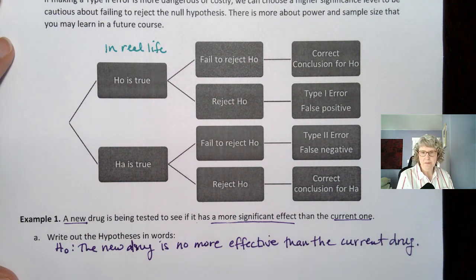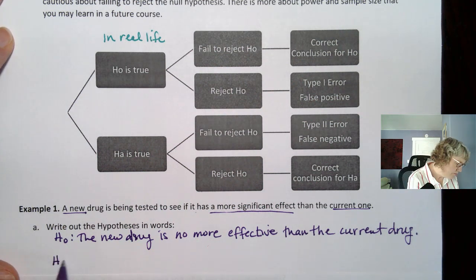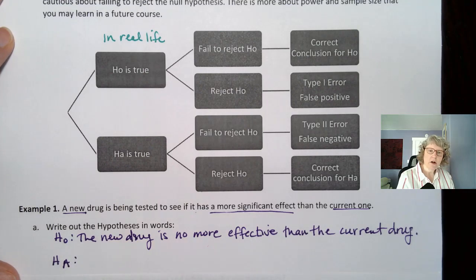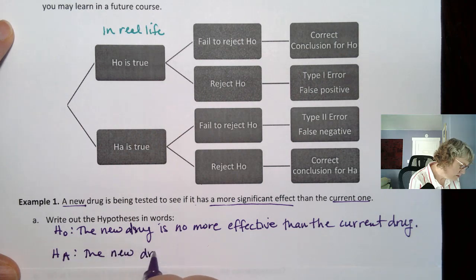Usually if it's the same, then we side in favor of the null because something has to be better to be generally to be accepted. So the alternate is the new drug is more effective.